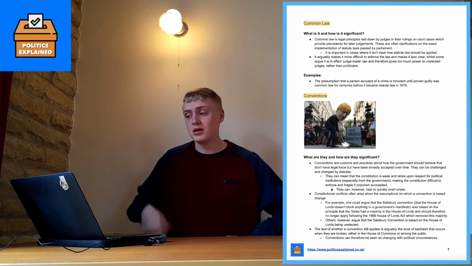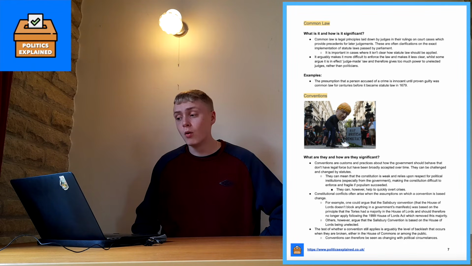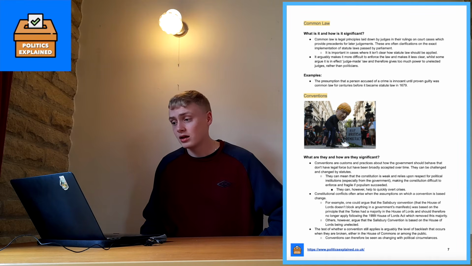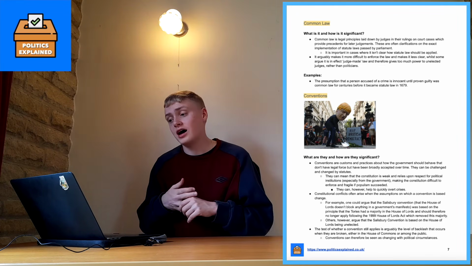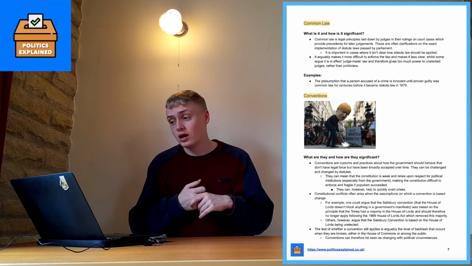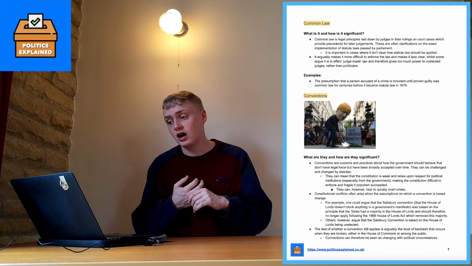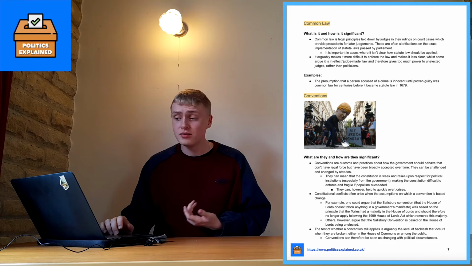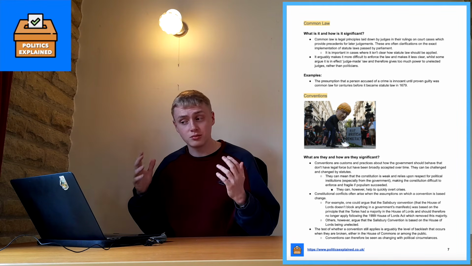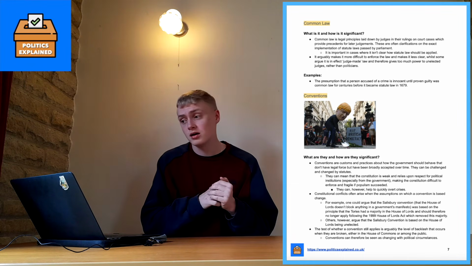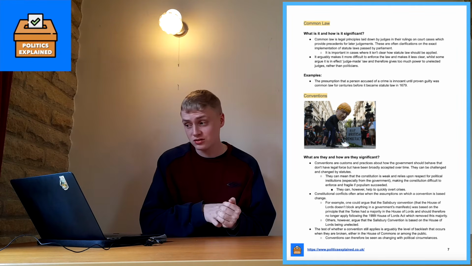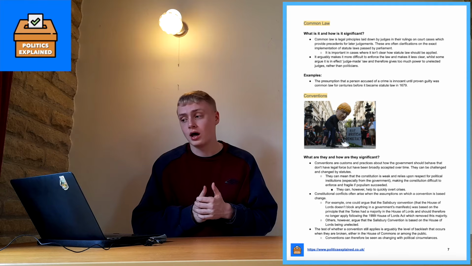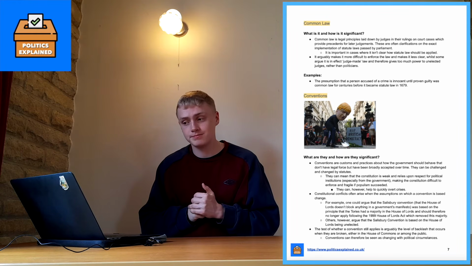On the one hand, it arguably makes it more difficult to enforce the law and makes it less clear, while some argue that it is in effect judge-made law and therefore gives too much power to unelected judges rather than politicians. A good example of this is the presumption that a person accused of a crime is innocent until proven guilty. So this was common law for centuries before it became statute law in 1679.